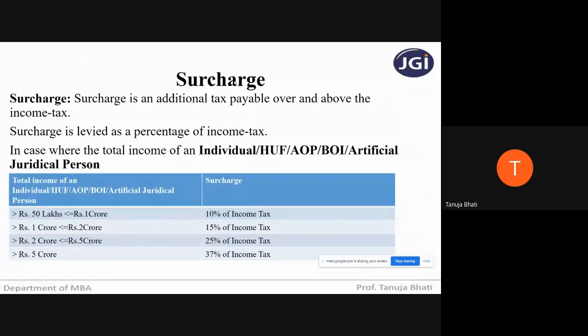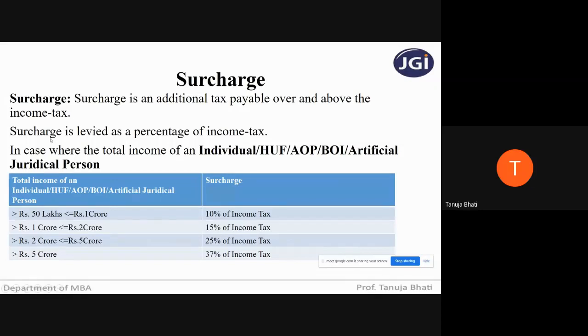Based on the normal tax slab rate, you will calculate a tax for an individual or for an Assessee. But surcharge is a tax on your income tax. So surcharge is an additional tax payable over and above the income tax. So normal income tax you will pay, but surcharge is some additional amount that you need to pay. And surcharge is always calculated as a percentage of income tax.